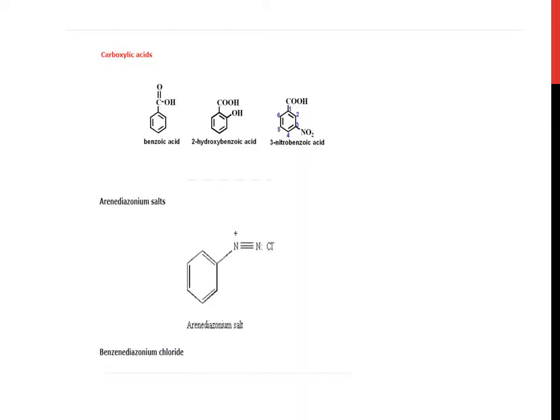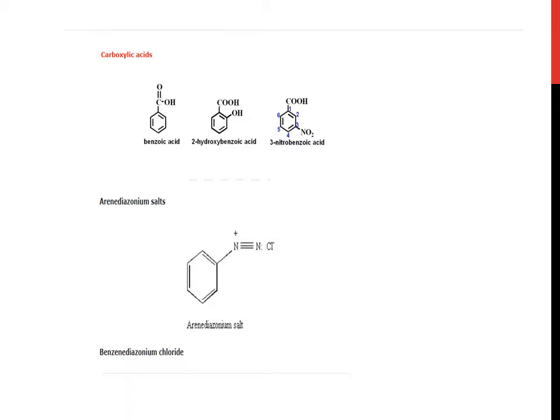Carboxylic acids, when the benzene ring contains COOH, benzoic acid. When along with COOH there is OH, then it is 2-hydroxybenzoic acid. COOH and NO2, then it is 3-nitrobenzoic acid. Now, arene diazonium salts, that is benzene ring containing N2Cl, N2 positive, Cl negative.